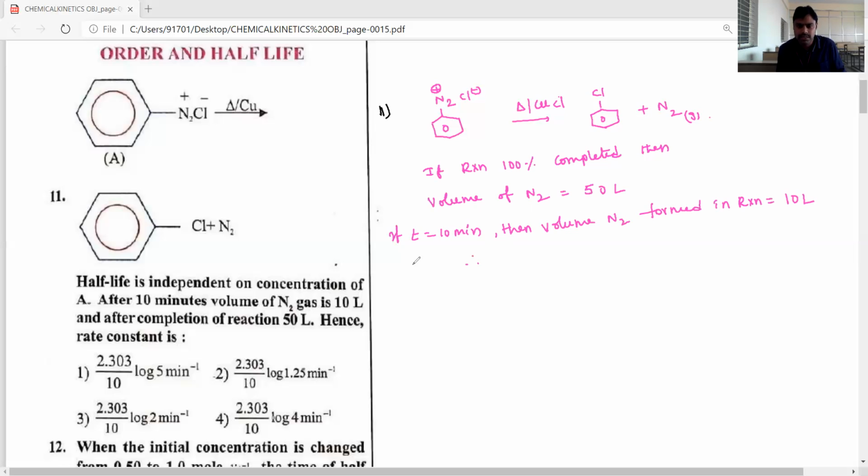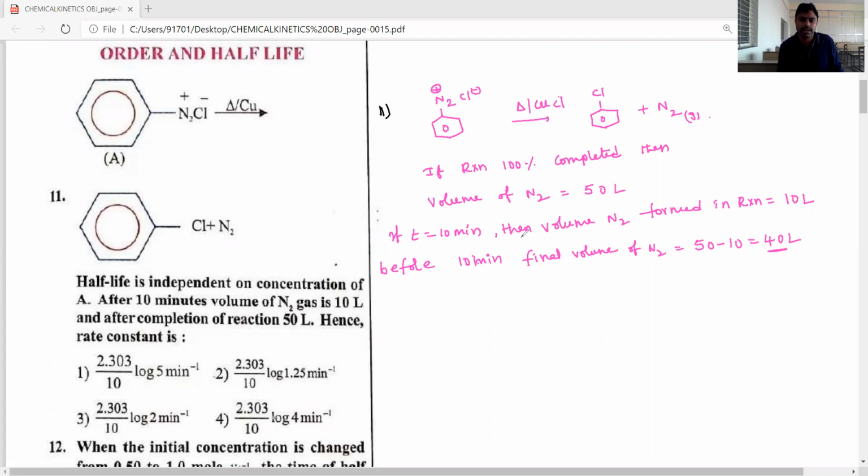Therefore, before 10 minutes completion of the reaction, the final volume of N2 is equal to 50 minus 10 is equal to 40 liters. Okay, 40 liters are present.